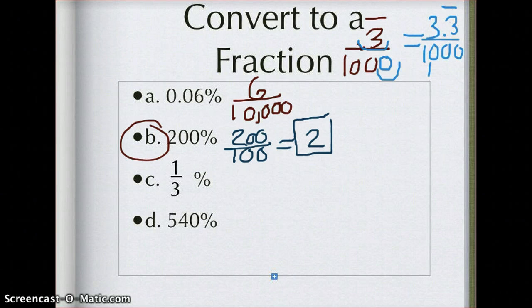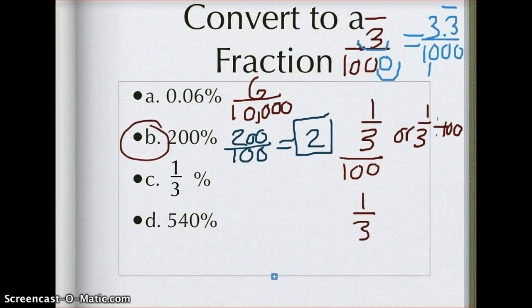The other method you could think of is you could rewrite 1/3% as 1/3 divided by 100. We know how to divide fractions.